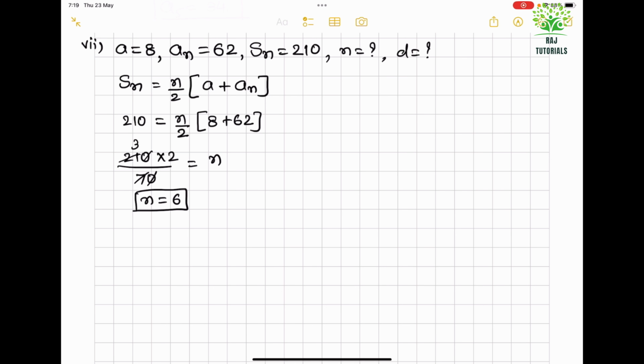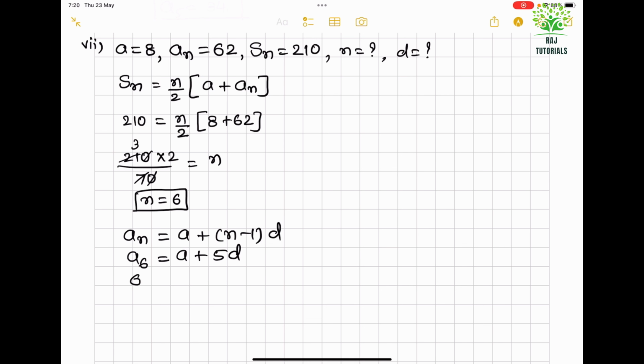Now I have to find d. So an equal to a plus n minus 1 d. So a6 will be equal to a plus 5d.